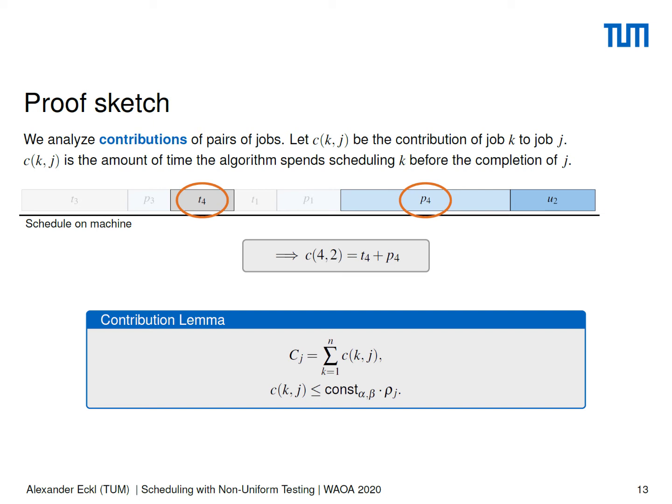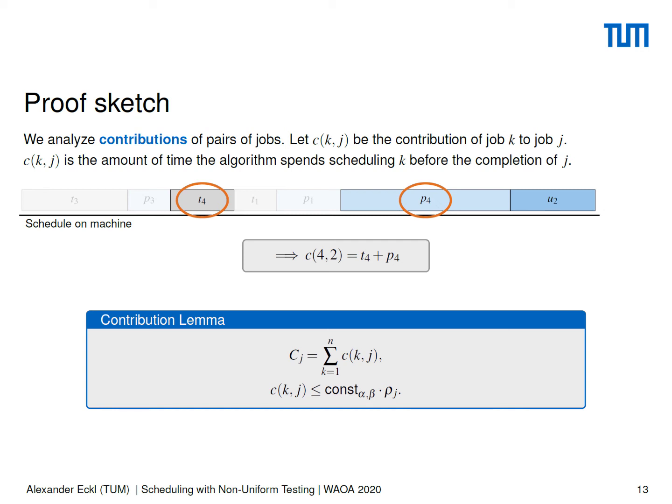The main tool that we use for this proof is the so-called contribution of pairs of jobs. We define C of k and j to be the contribution of a job k to the completion time of the job j, which is just the amount of time that the algorithm spends scheduling anything related to k before j is completed.